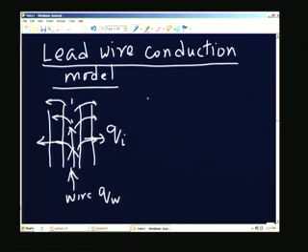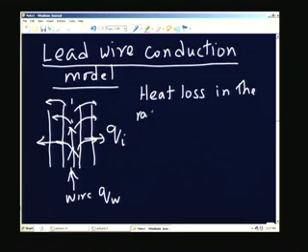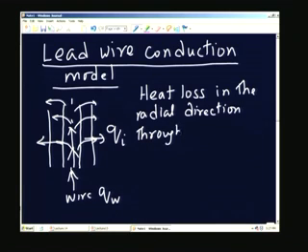We can show in fact that the heat loss in the radial direction through the insulation, so we are going to model this as follows: is due to a temperature difference between the wire temperature, let us say Tw, which is a function of x.